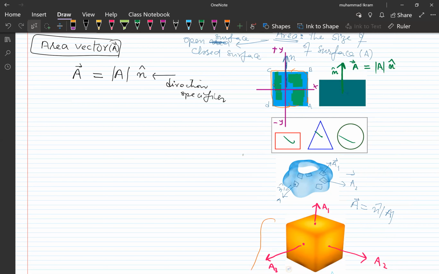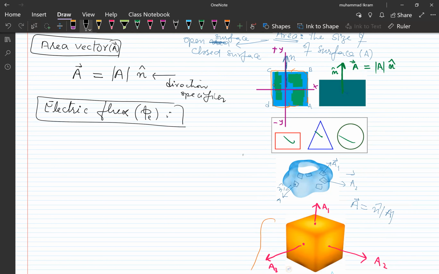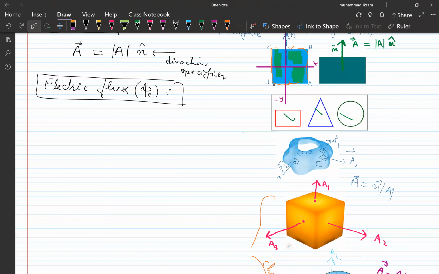Now, our next topic is the electric flux. Electric flux is denoted by phi. This is a very important term, right? Once I define the electric flux, I will switch back to the concept of what electric flux in fact is.